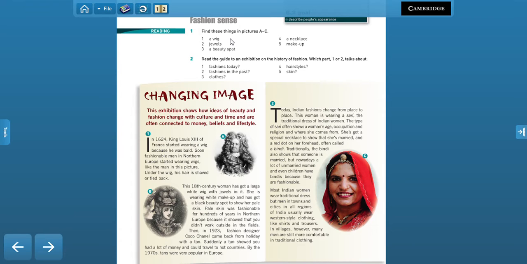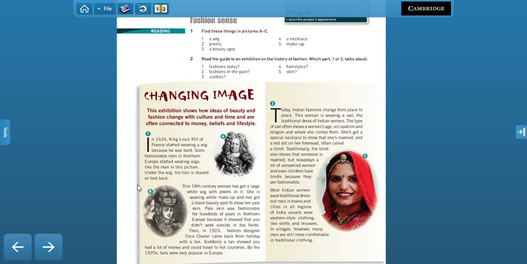So try to find a wig. Where can you see a wig? Here, right? He is wearing a wig. Maybe picture B as well, right? Probably. Jewels.